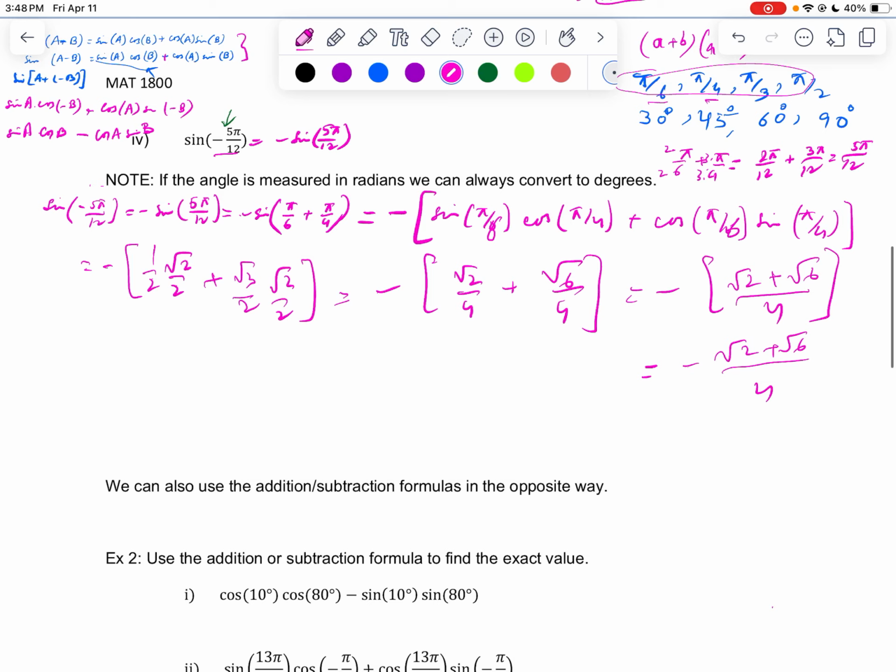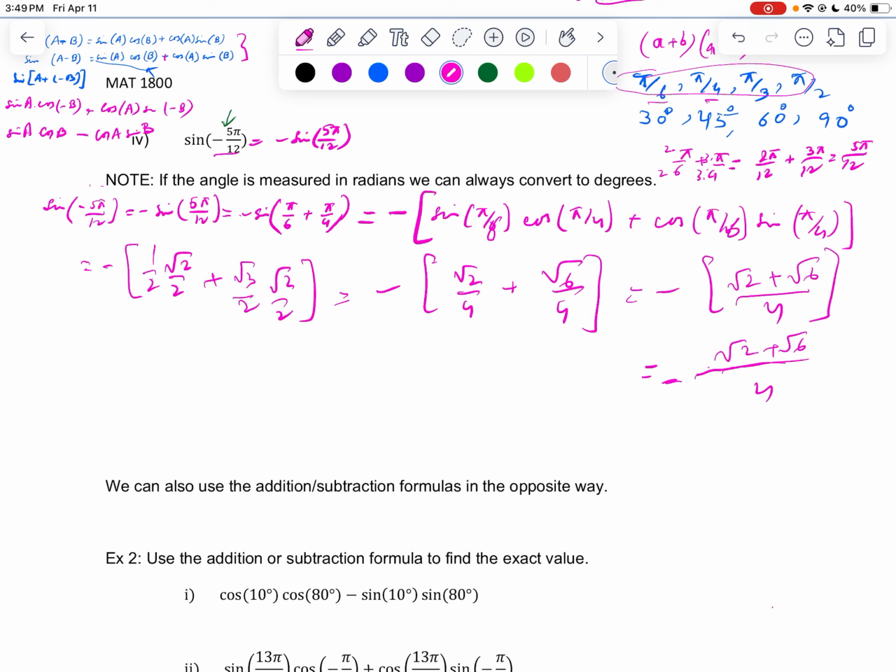Where this negative sign is has to be put in front of this line. So we are going to get a negative value. Okay, so now we see an example in which we can use a formula in the reverse form.